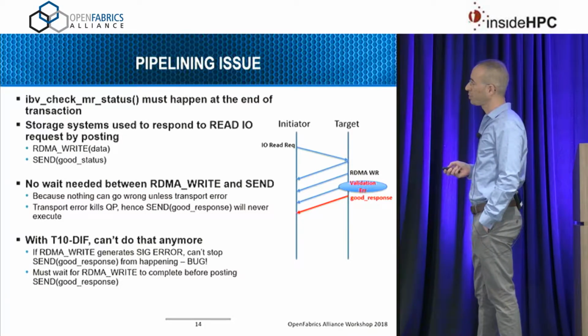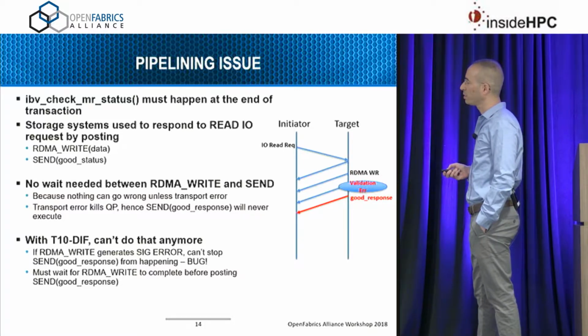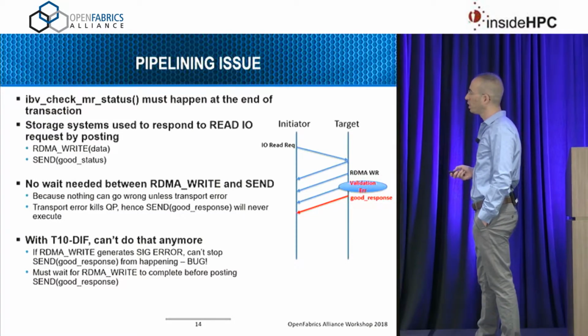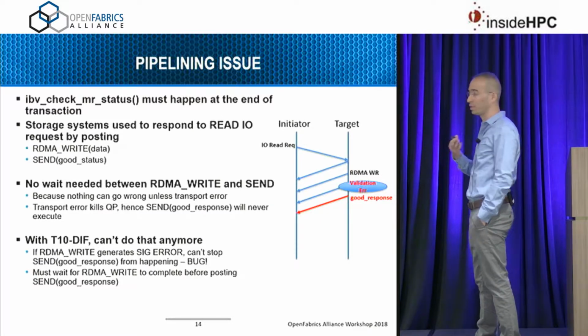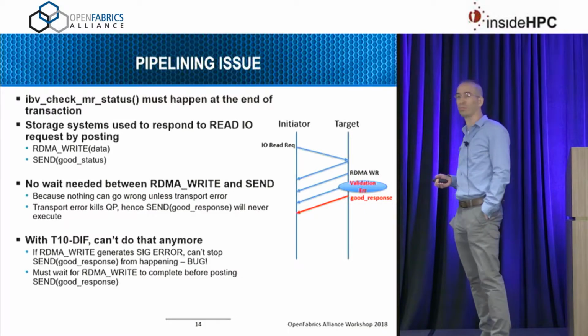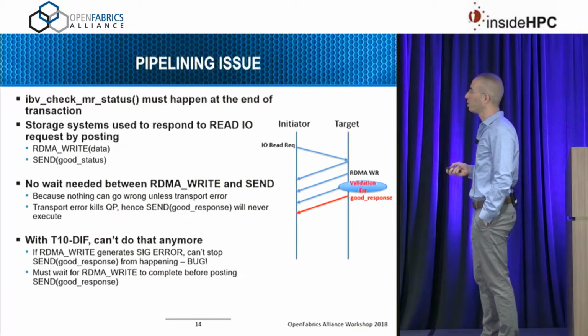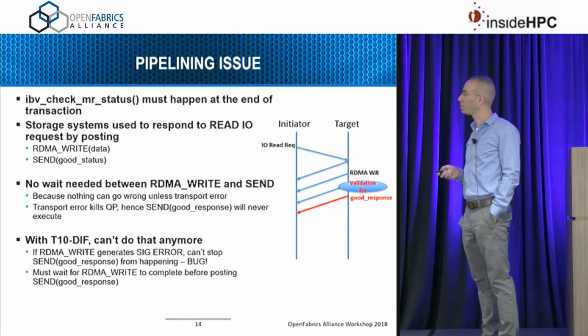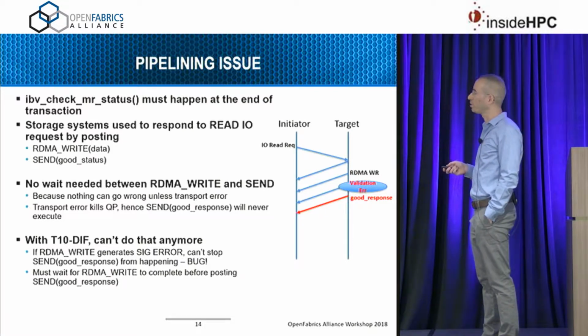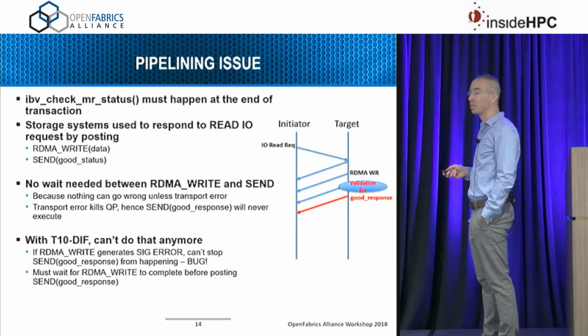And right after doing those RDMA writes, it asynchronously calls post send on the same QP for sending a good response to the initiator, notifying him that the transaction completed successfully. So in this design, we basically rely on QP semantics, where those work request elements, the RDMA write and the send of the good response, would be sequential.